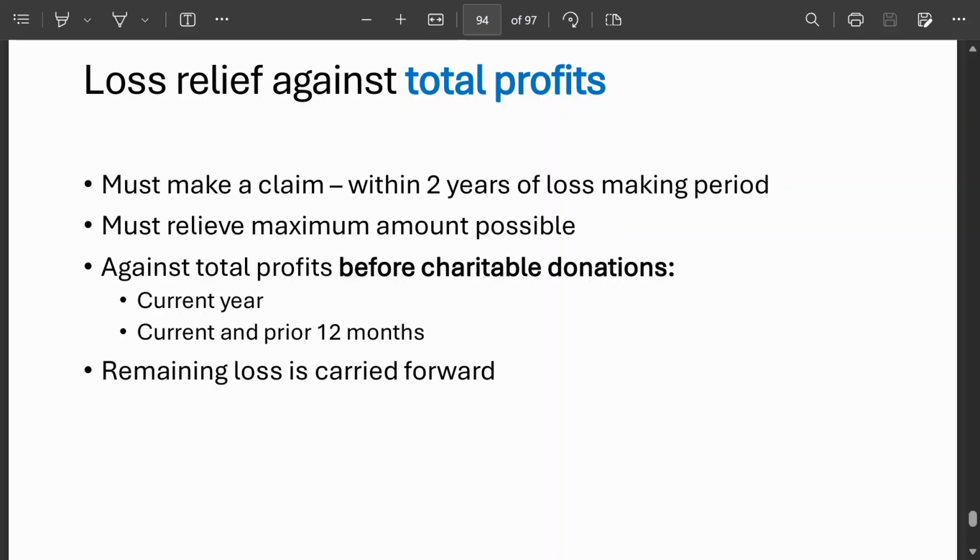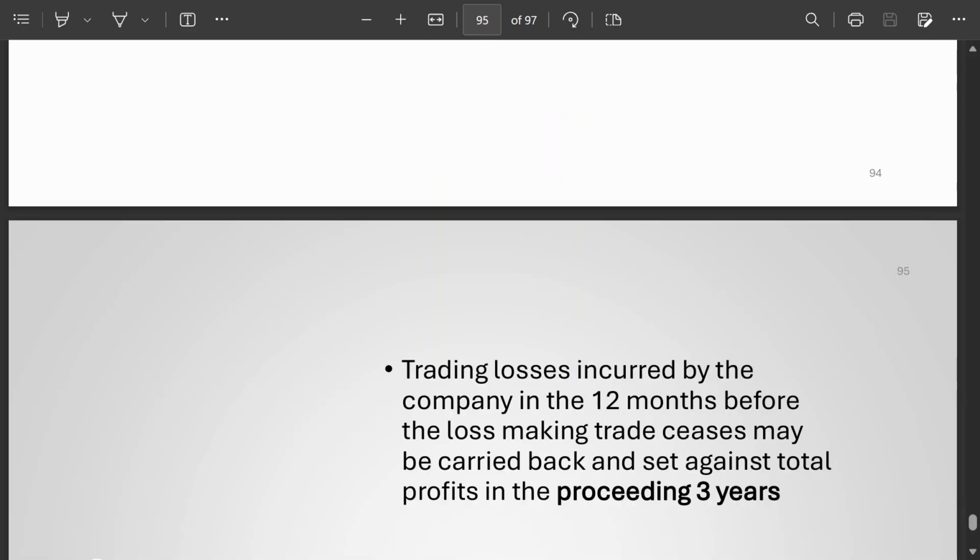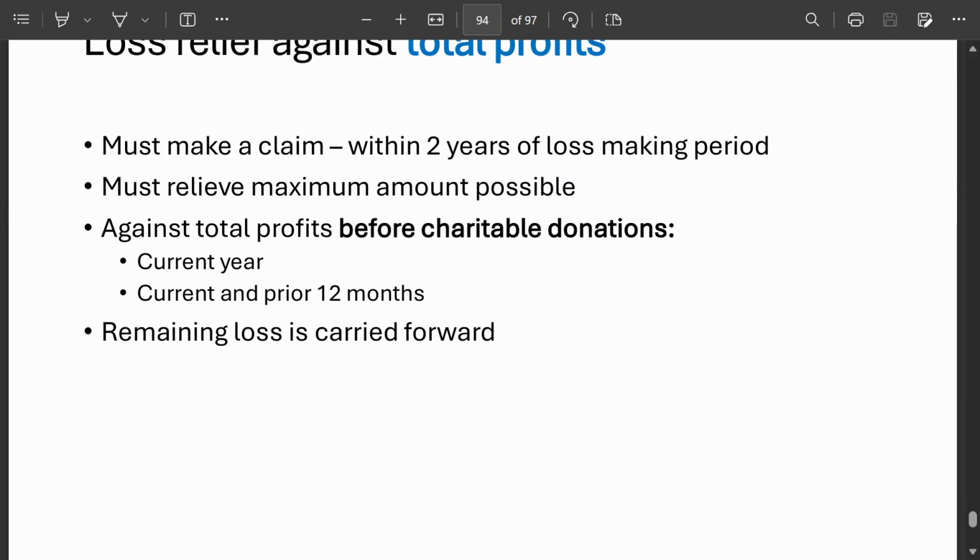Right, okay, so we're almost done on this. We can move on to VAT, right? So you can just understand this briefly here. Before charitable donations, in the format you'll find that charitable donations is like the second last line. After that you have the deficit on non-trading loan relationships.